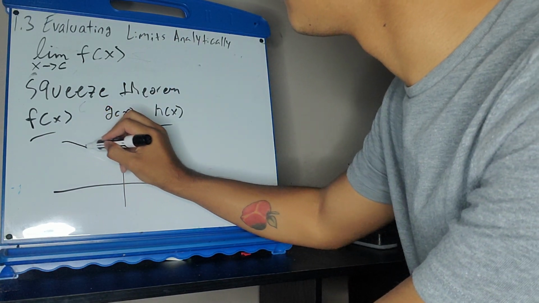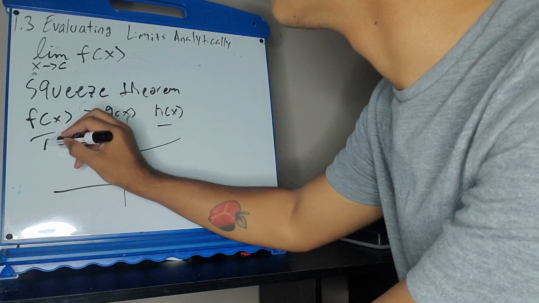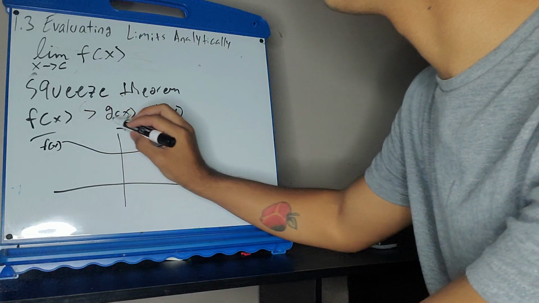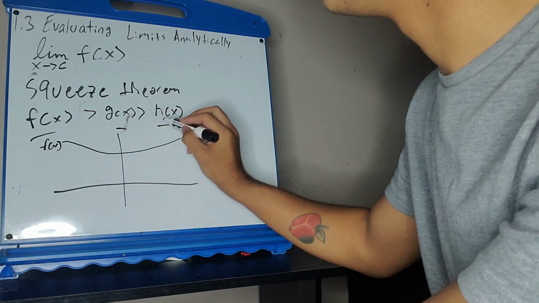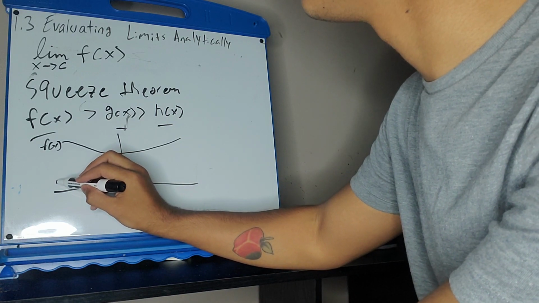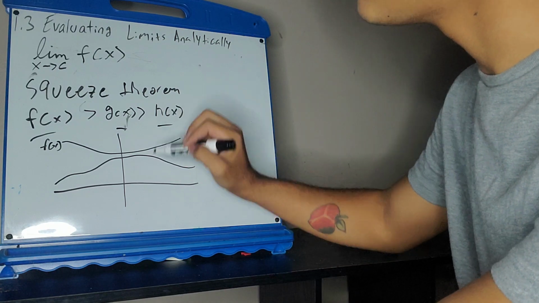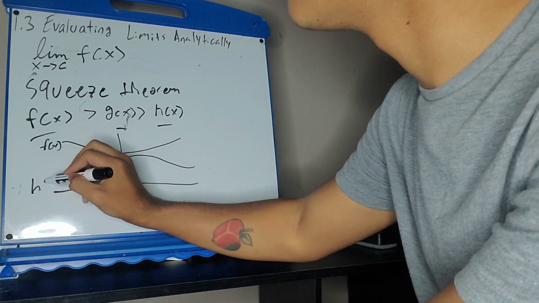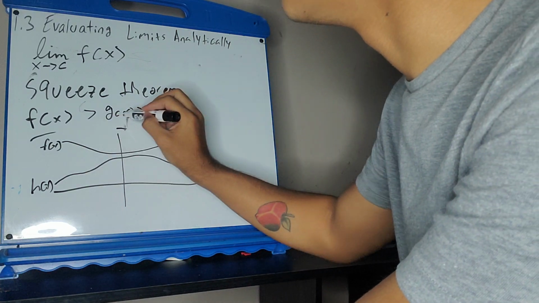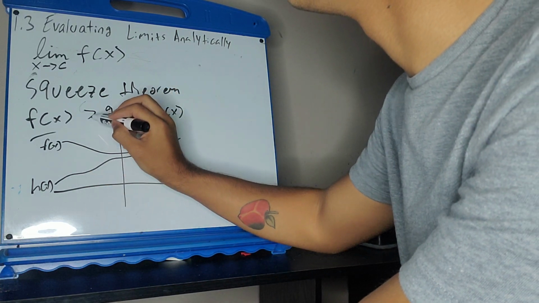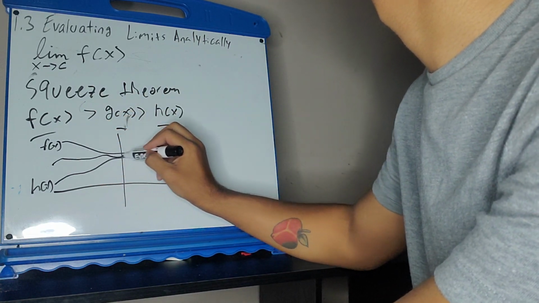So say that f of x is greater than g of x on all points of x in its limit, that h of x is less than g of x on all points of its limit, and g of x is both greater than h and less than f.